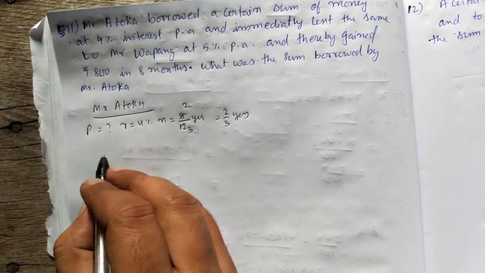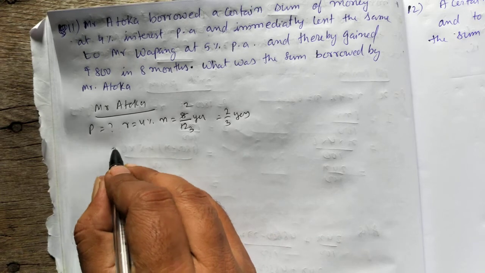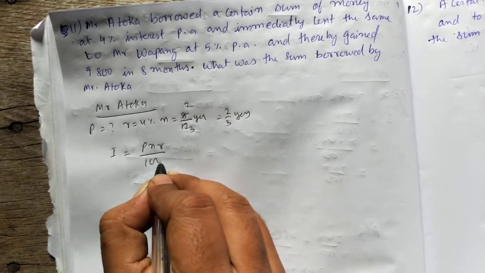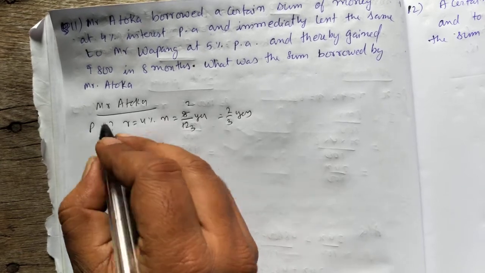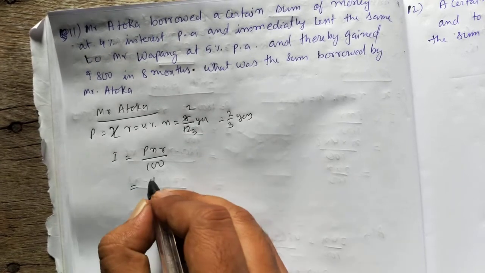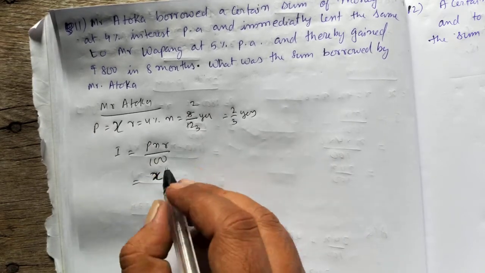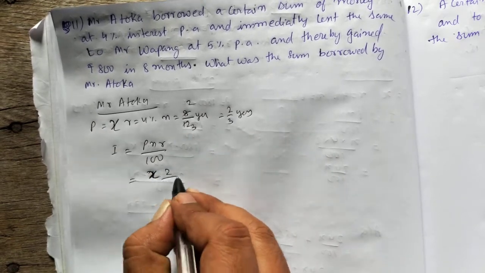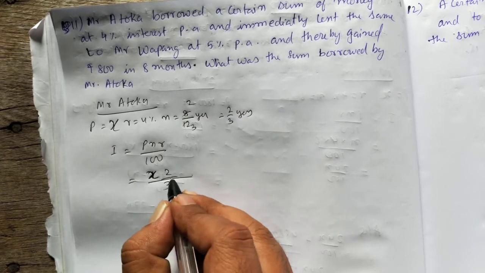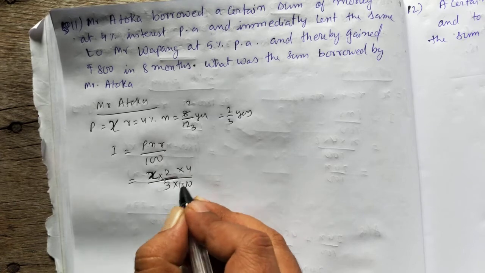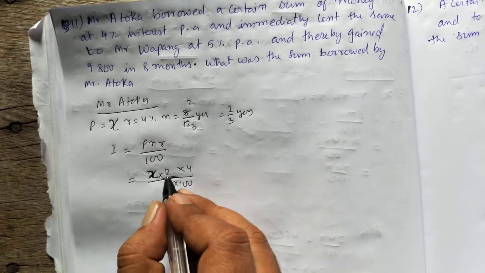So what is the interest? We will take just x here. N is 2 by 3 and R is 4. By 100 is already there. We can cancel.